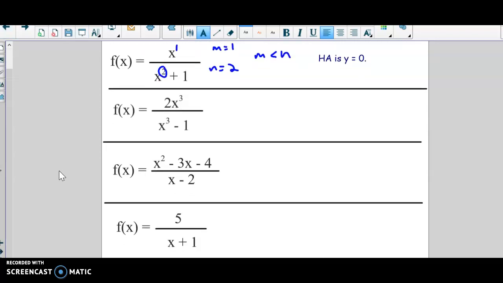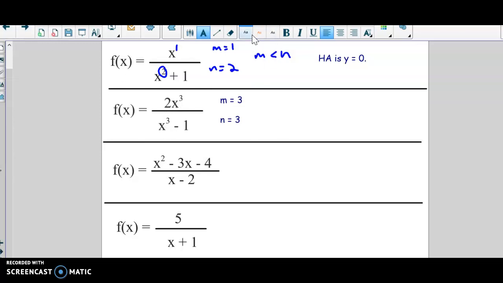Here is our chart again, and hopefully you got a chance to look at these. If you didn't, again, pause the video and try them out. In this one, M is 3 and N is also 3. Again, those are the highest exponents here and here. So in this case, they match.